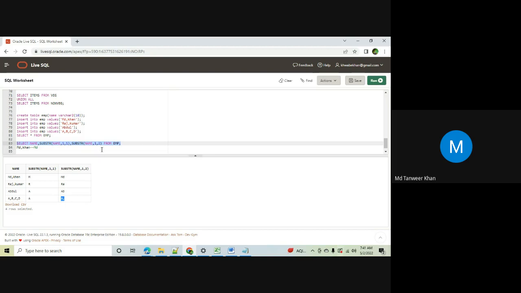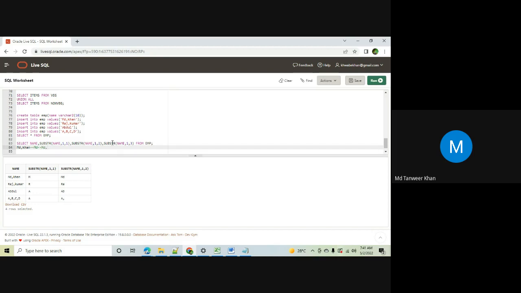Any questions so far? Yes or no? I think not understood. Let me show you one more example. For this, what will be the output? Who will explain? First three characters: M, D, comma, right?